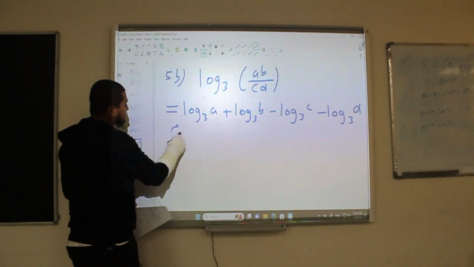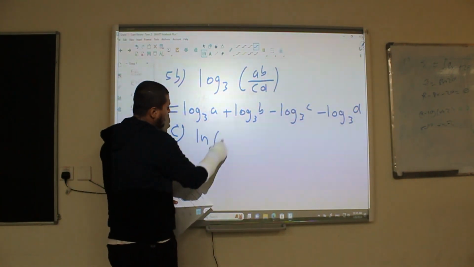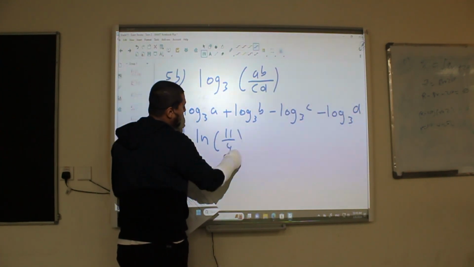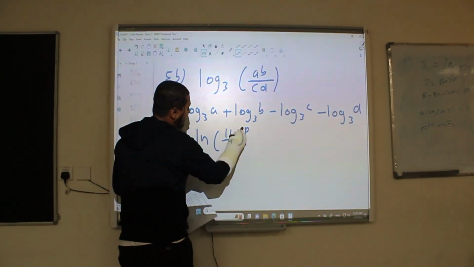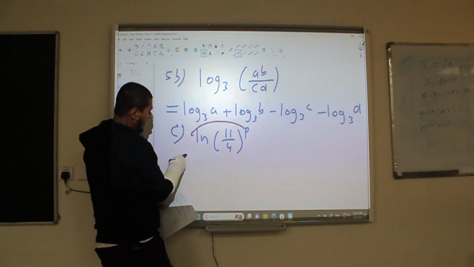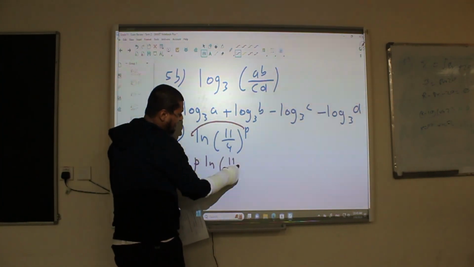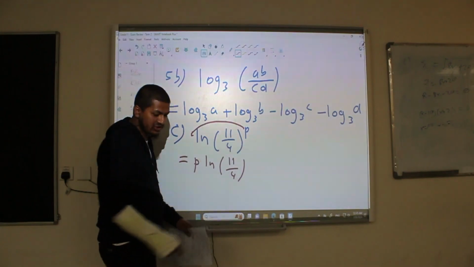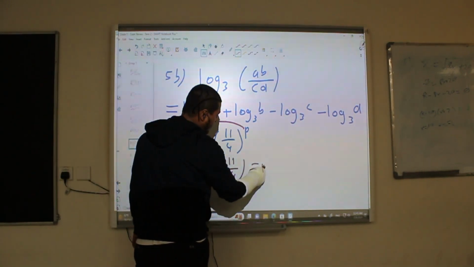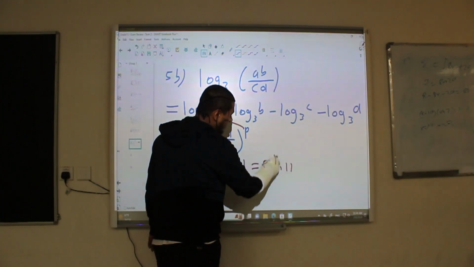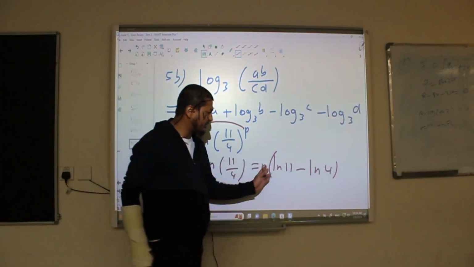Part C, we have ln of 11 over 4 to the power p. We know p goes to the front first, and then we need to expand. So we have p ln of 11 over 4. Now because we have a division, it will become subtraction. So we will have p ln 11 minus ln 4.